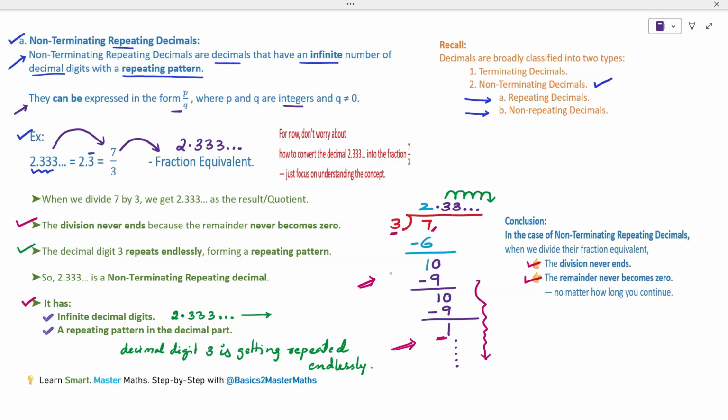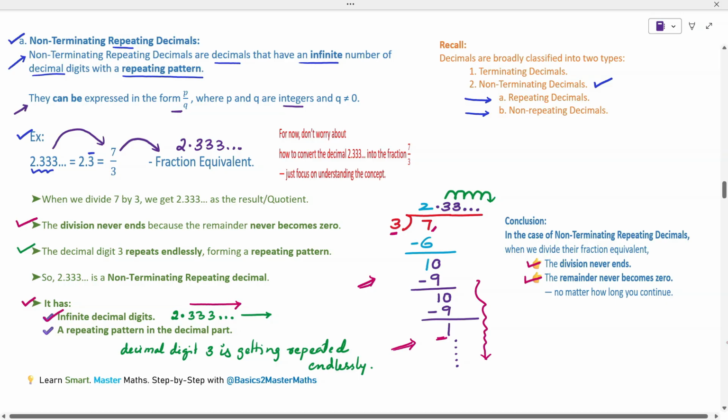The conclusion is 2.3333 has infinite decimal digits. Also, the decimal digit 3 is getting repeated endlessly, forming a repeating pattern.